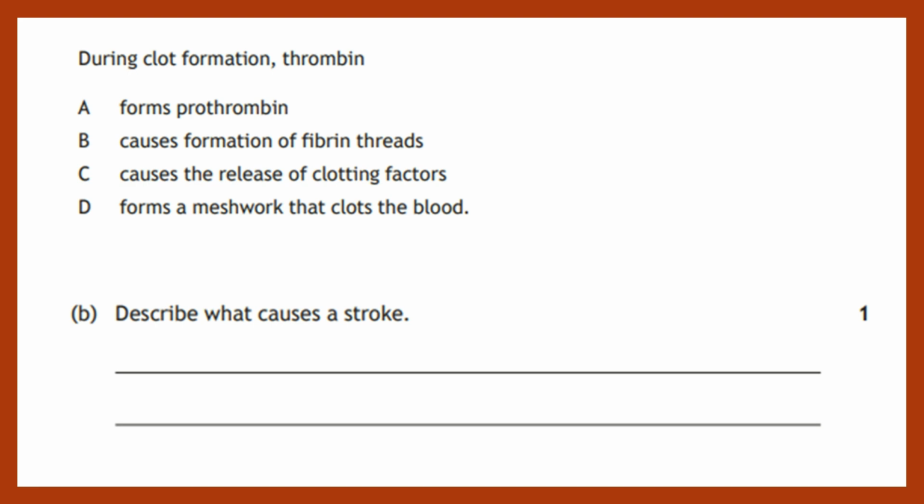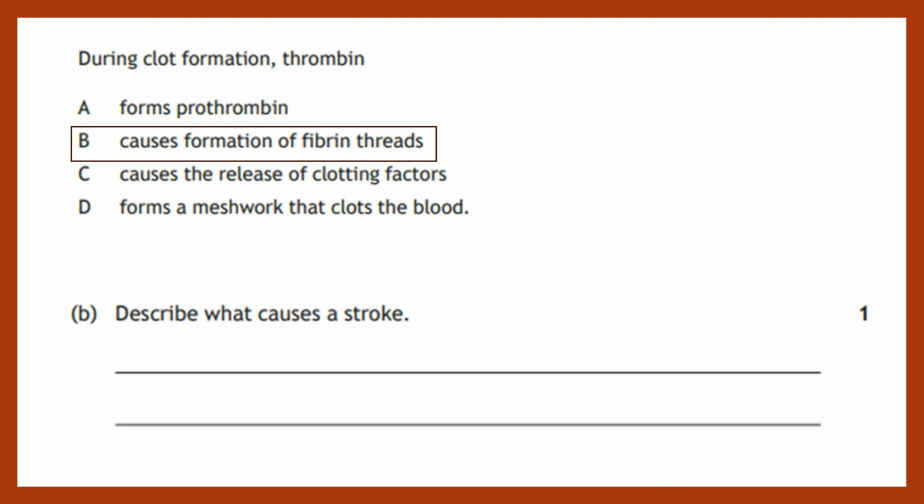So the correct answer is B. Prothrombin is the inactive form, so prothrombin actually forms thrombin. The release of the clotting factors is down to the damage to the vessel, and the meshwork that clots the blood is the fibrin. So thrombin is what causes the formation of those fibrin threads.